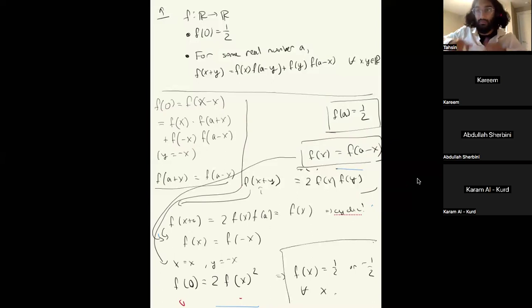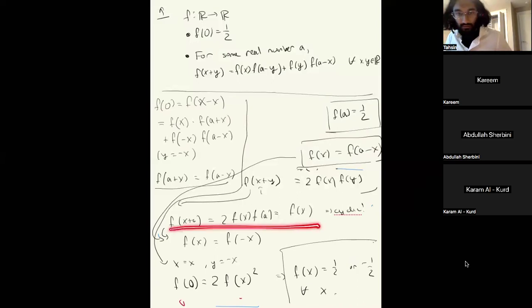I have a question. How did you get that f of x equals f of minus x? Good. Did you understand this line here?